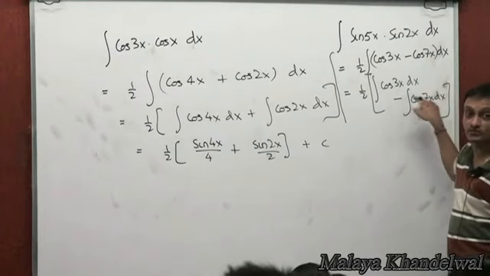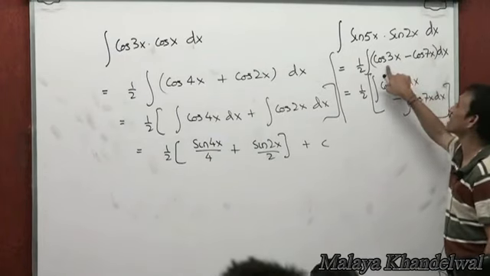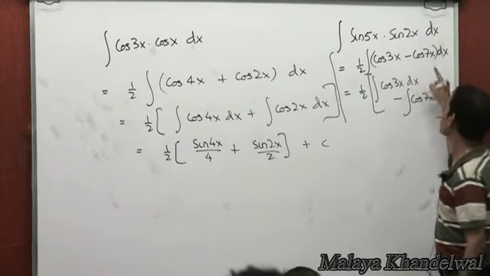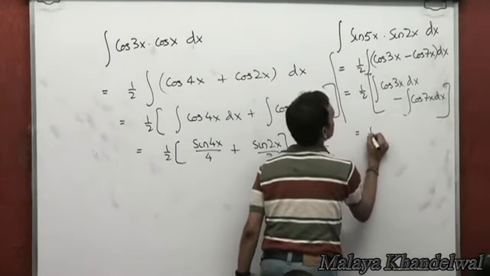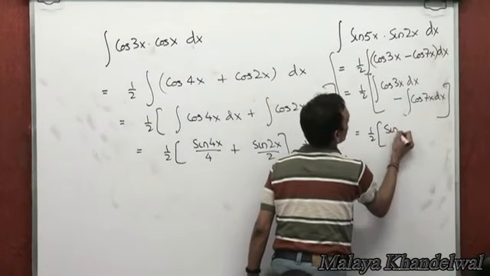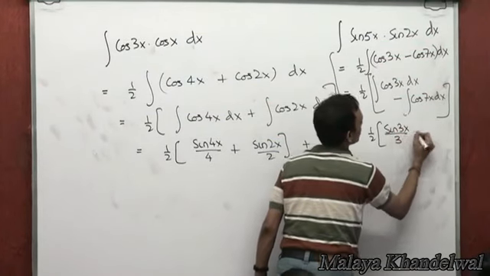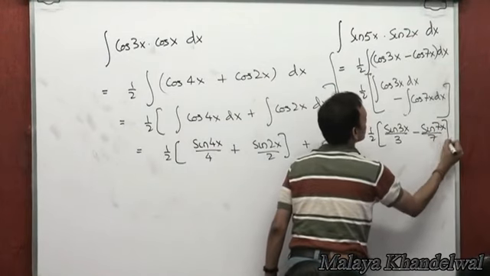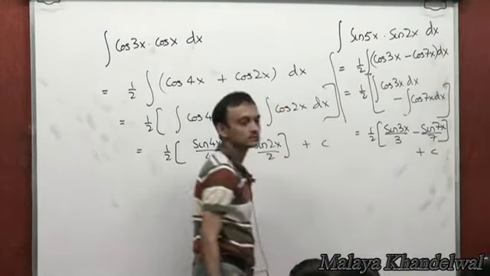Integral of the difference is difference of the integrals. Sin A sin B is half cos A minus B minus cos A plus B, right? But integral cos mx is sin mx by m, plus c.